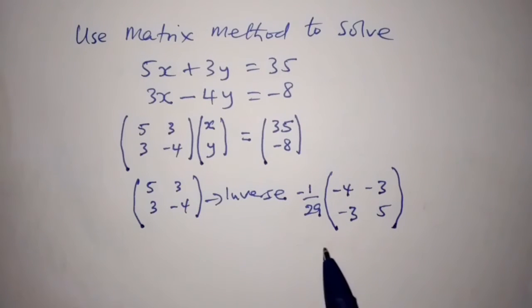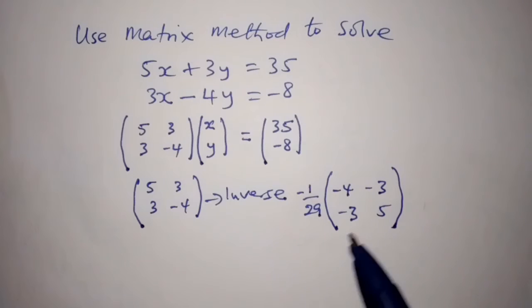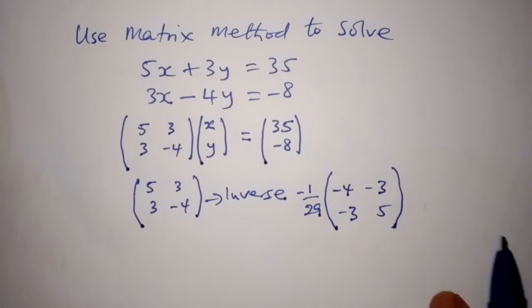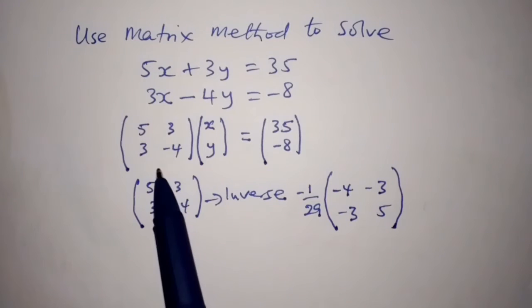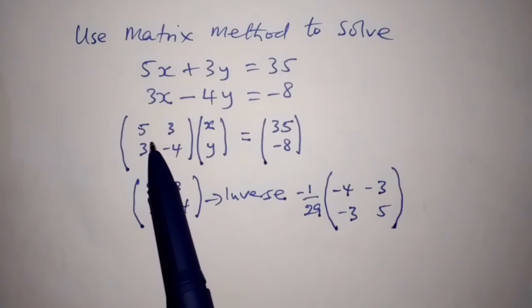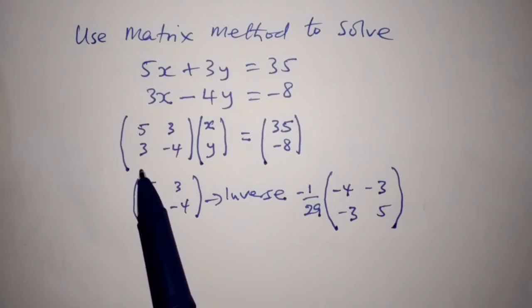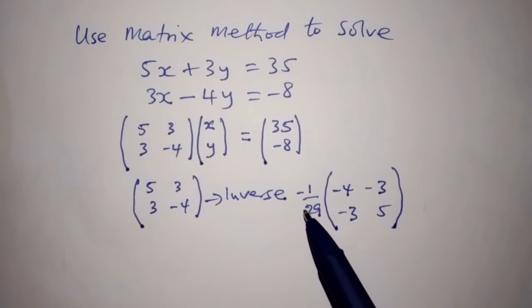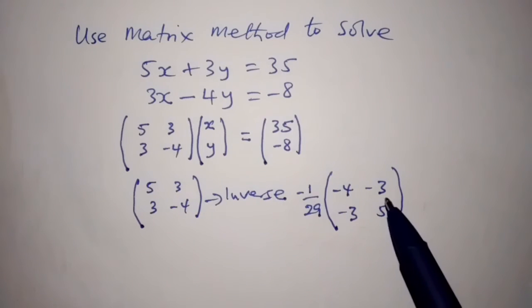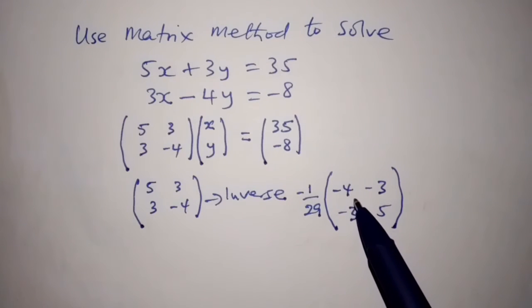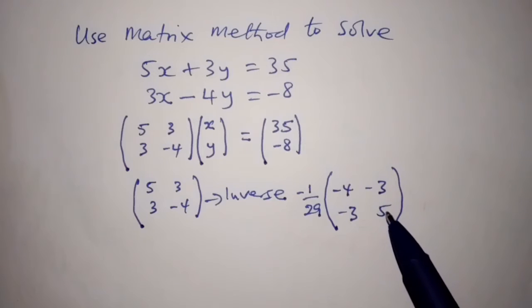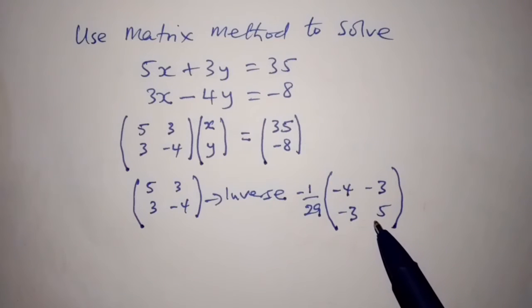We had learned about how to find the inverse in the previous lesson, so we can check our previous video concerning how to find the inverse. So the inverse of matrix 5, 3, 3, negative 4 is negative 1 over 29 times matrix negative 4, negative 3, negative 3, 5.